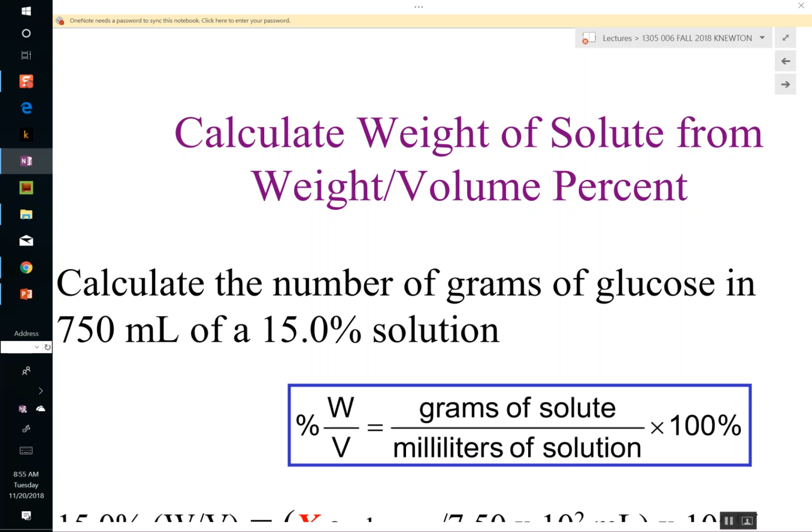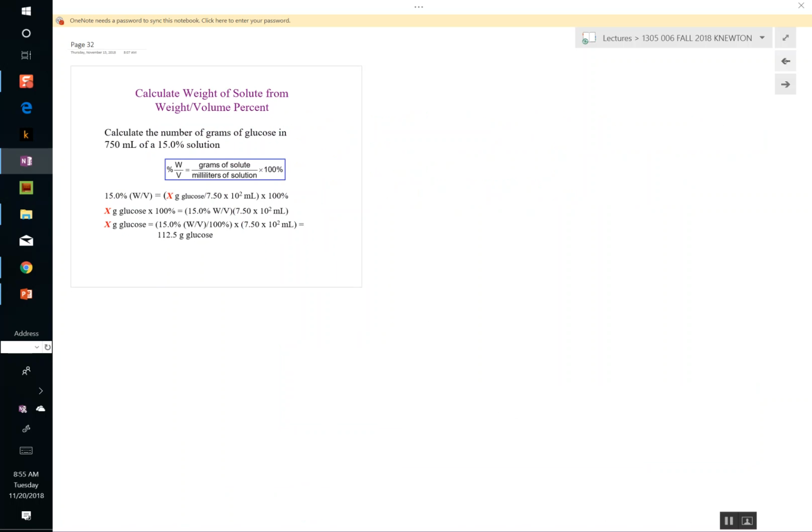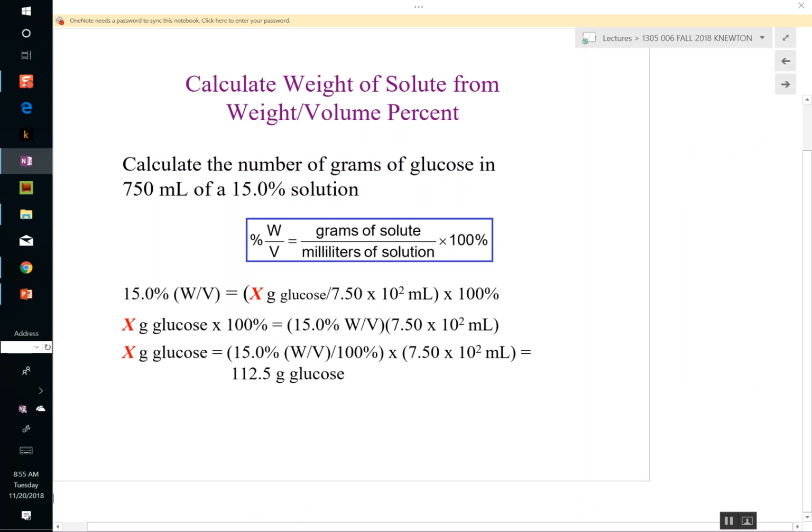So I think that's about all we got to say about weight volume percent. All the steps. So there it is right there. There's the solution. It's moving it all around. And then check your answer. How?